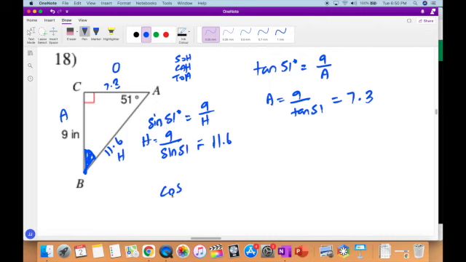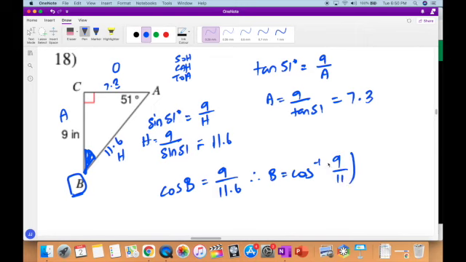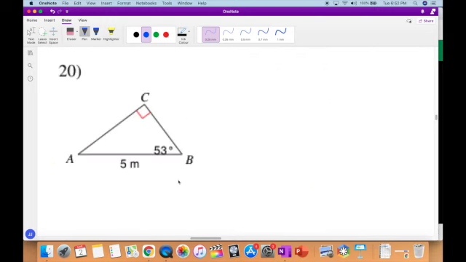So the cos of the angle B is the adjacent 9 over the hypotenuse 11.6. Therefore, B is the cos inverse of 9 divided by 11.6, which is 39.2 degrees.